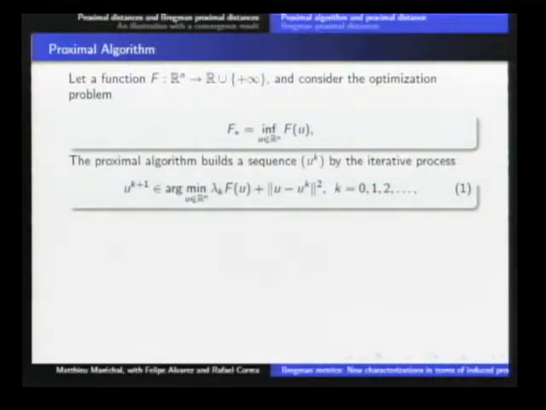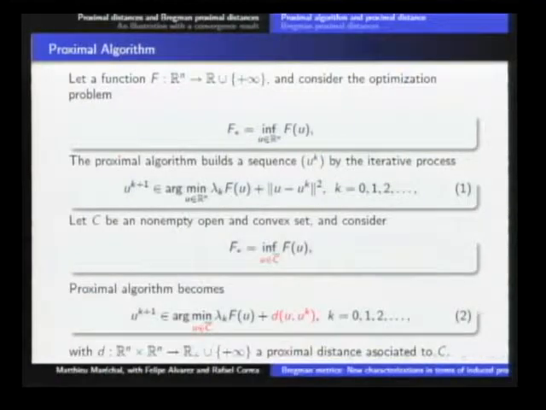Quickly, to introduce the proximal algorithm: consider an optimization problem in finite dimension, which consists in minimizing the function f of u, with u belonging to R^n. The proximal algorithm consists in constructing a sequence u_k, with u_{k+1} the solution of this optimization problem.